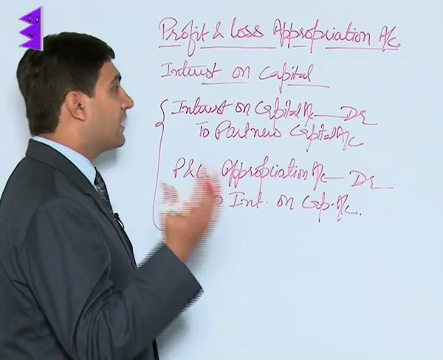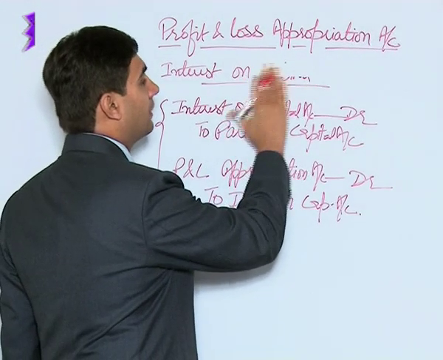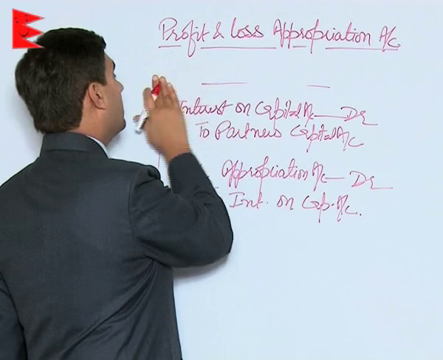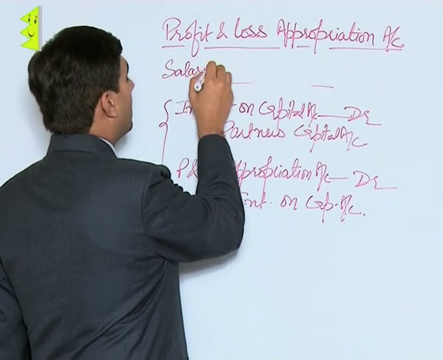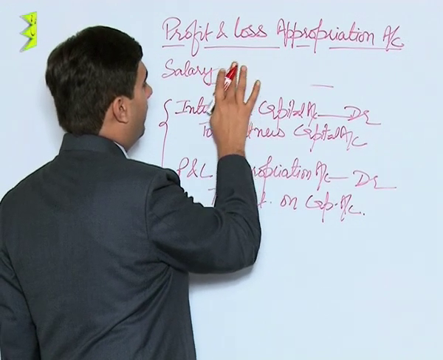Coming to other kinds of charges, like for example, you can have interest on capital. The second thing can be salary to a partner. Remember, it is considered to be an appropriation.